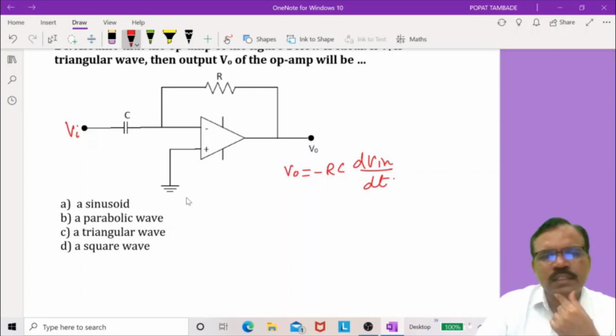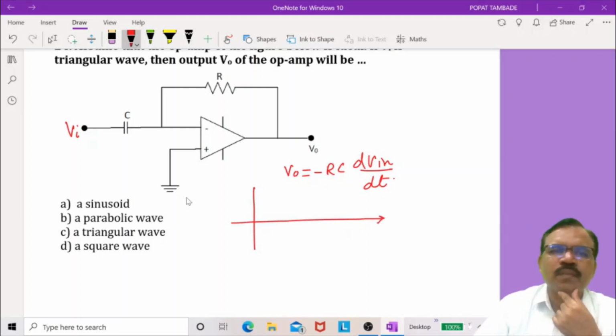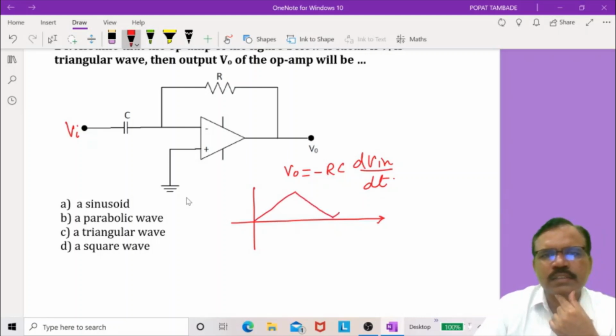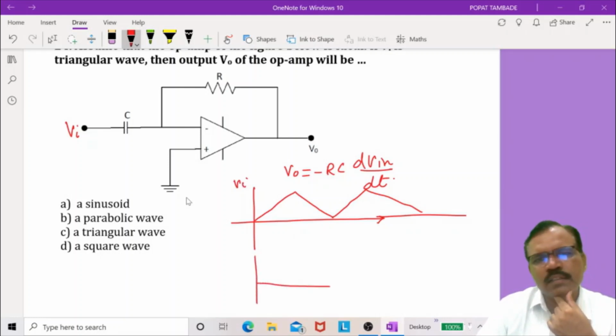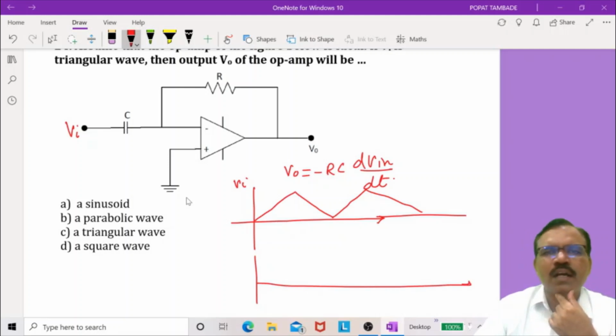Now see here, suppose we take the input as a triangular wave, like this triangular wave. This is the input, and we take the output here.